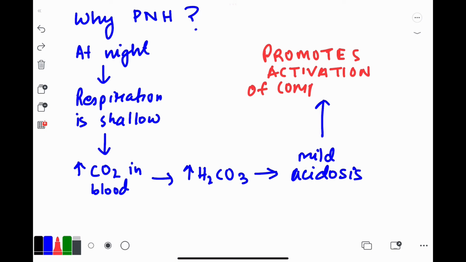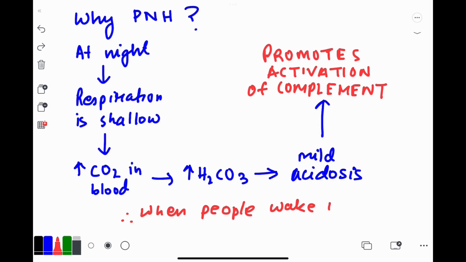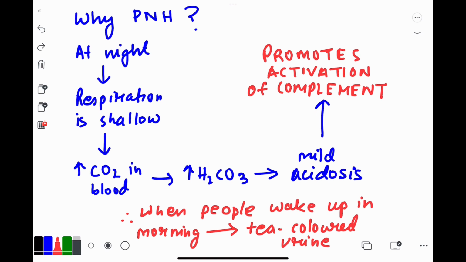Therefore hemolysis occurs mainly at night, and when the person wakes up in the morning, he has tea colored urine. Why? Because at night the pH was low, there was RBC lysis, hemolysis and hemoglobinuria, and due to this hemoglobinuria there is tea colored urine.